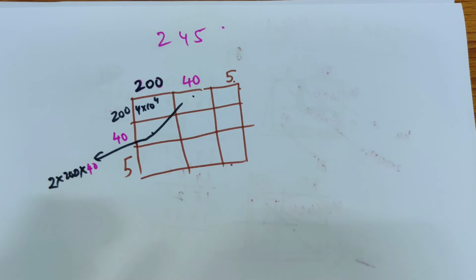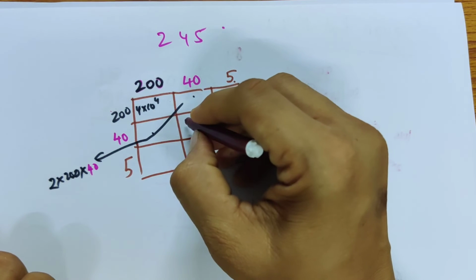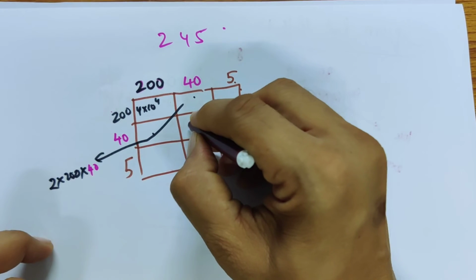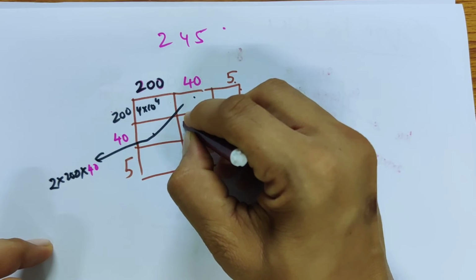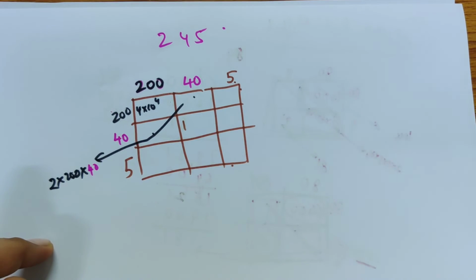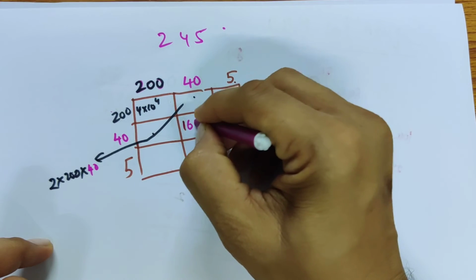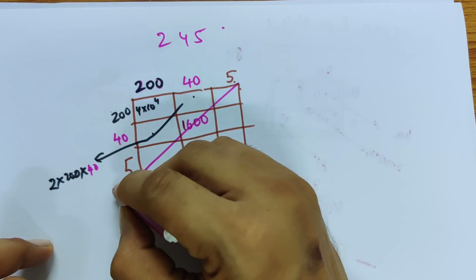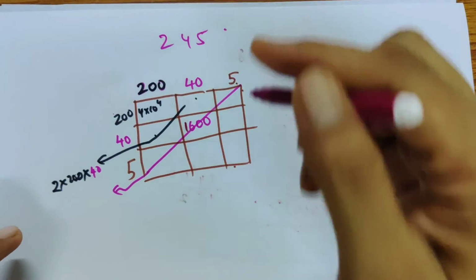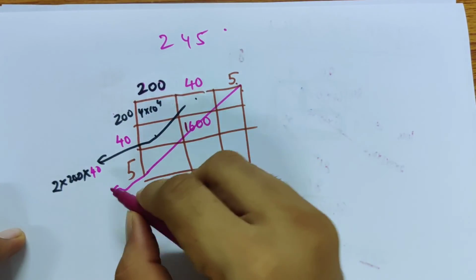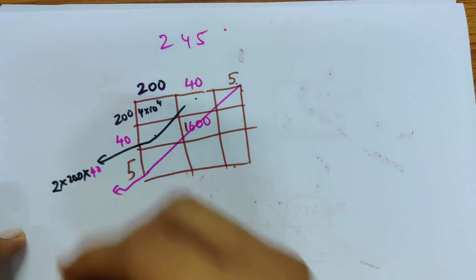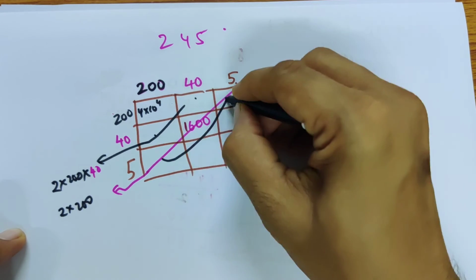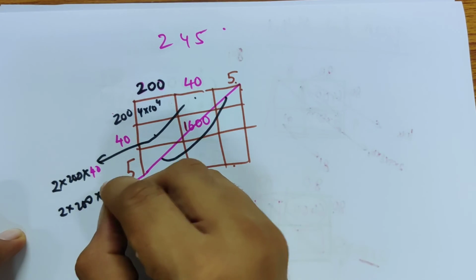Then this one will have basically 2 zeros. So this one corresponds to 1600s. These two will also correspond to hundreds, and this will correspond to your 2 times 200, right? These two, 2 times 200 times 5.